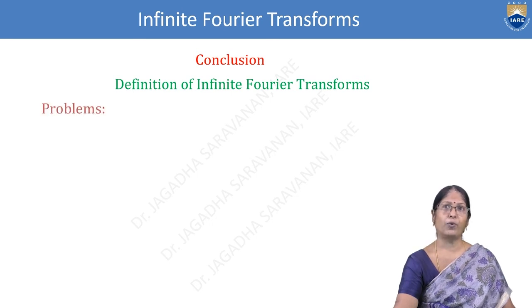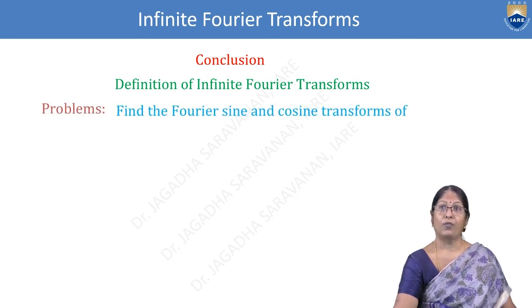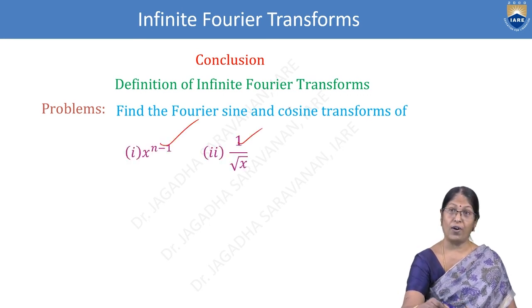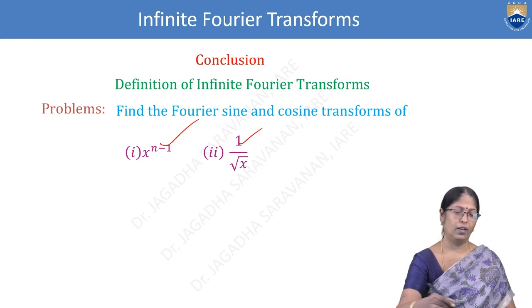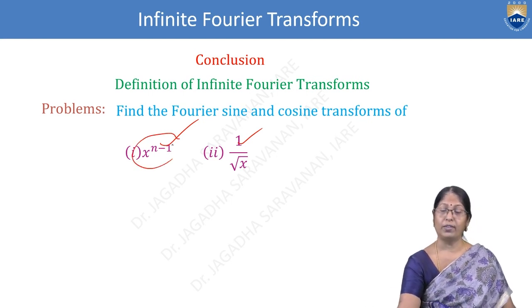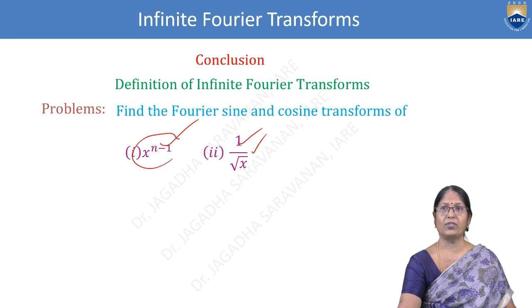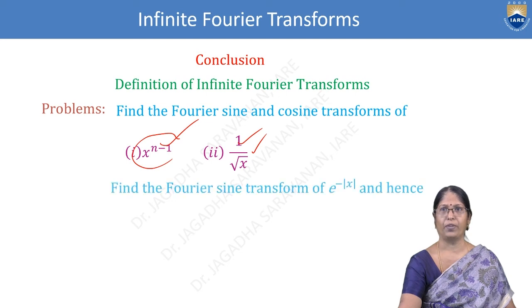We have taken the problem, that is Fourier sine and cosine transform for the functions. The first one is x power n minus 1. With that help, the function 1 by root x is solved. It is discussed in detail. Each and every step is explained in this video lecture.